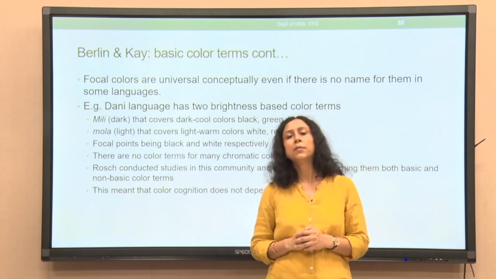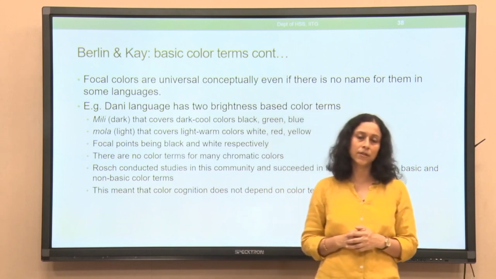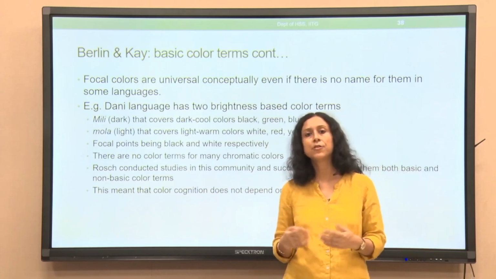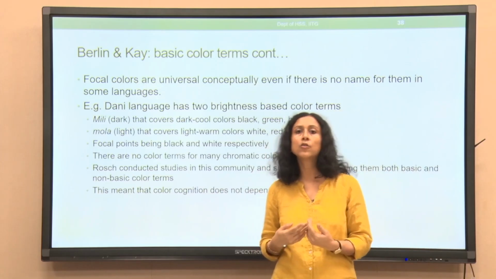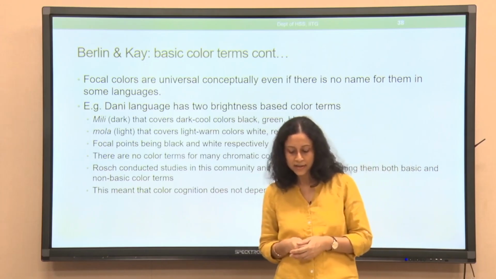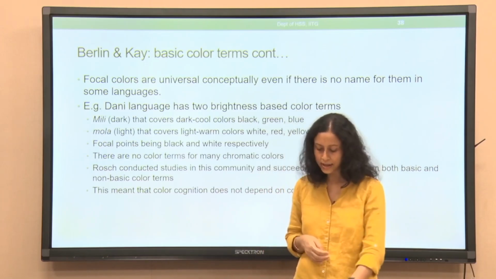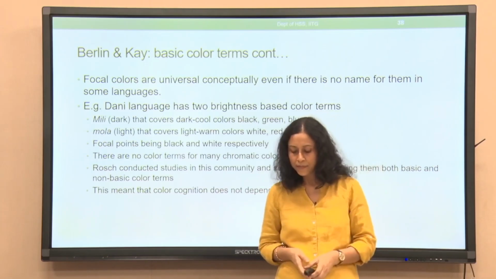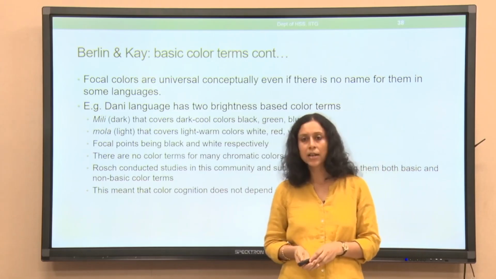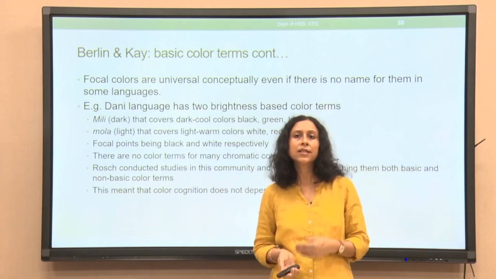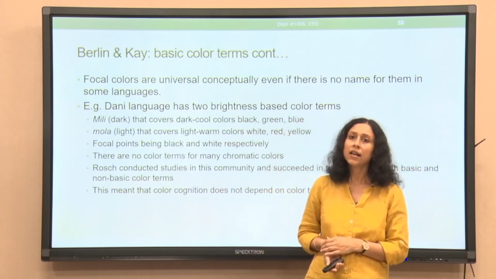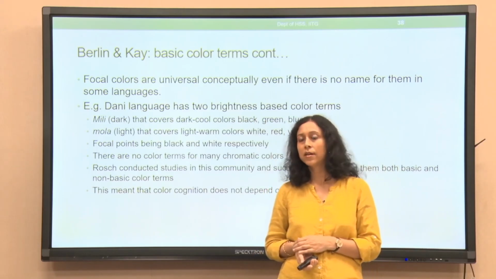Limitation in the number of terms for colors does not mean limitation in your capability to either identify or learn the names. Rosch actually conducted studies in this community and succeeded in teaching them both basic and non-basic color terms. If the language had been a limiting factor, this would not have been possible. So, this means that color cognition does not depend on color terms.